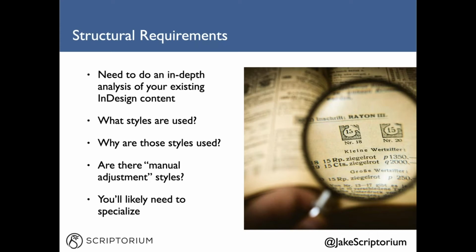And one thing that I've noticed when working with clients with these workflows is that you really need to check and see if there are any manual adjustment styles. I usually see things like a paragraph style that's specifically set up to prevent breaks or to insert breaks in order to more cleanly control things like page count or to keep content together as necessary.